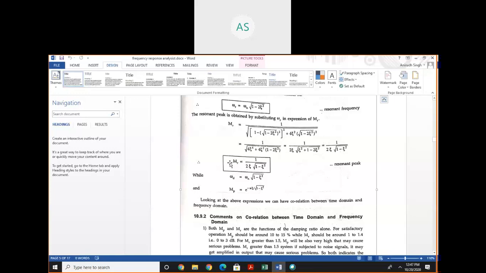Clear? While in the frequency domain, Mr vanishes if the value of Mr is 0.